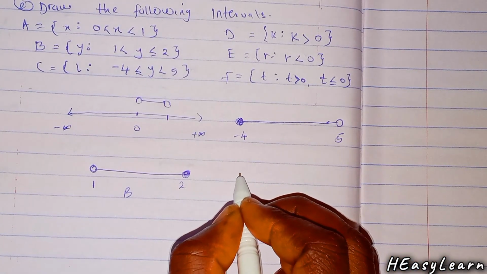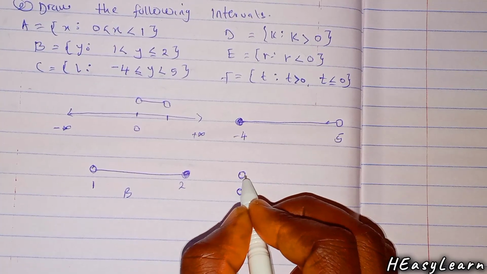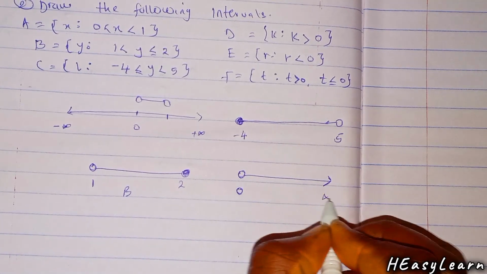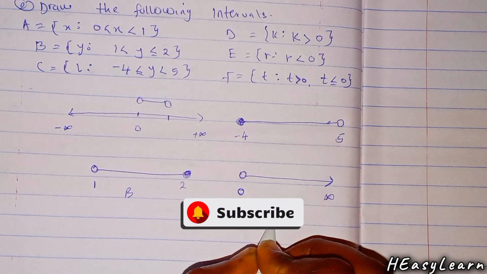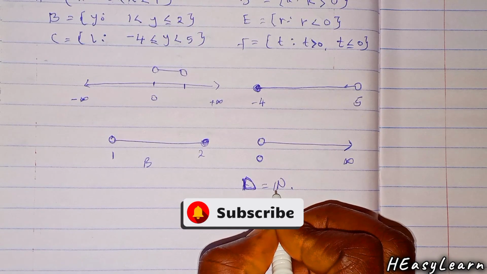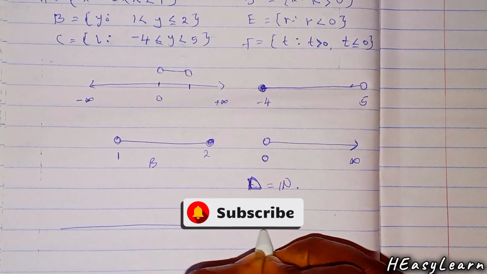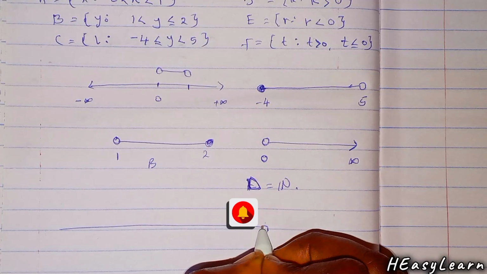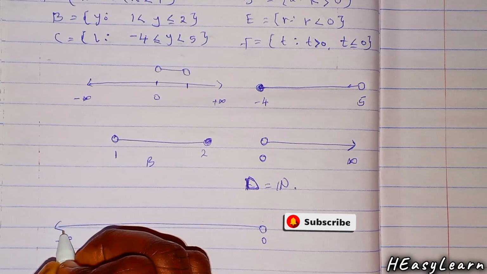D is a positive number, excluding 0, to positive infinity. It's a natural number. So that means D is a natural number. What of E? E is a number that starts from 0 and goes to minus infinity.